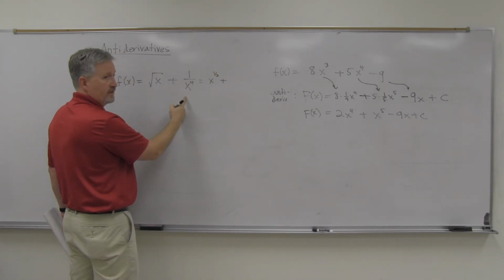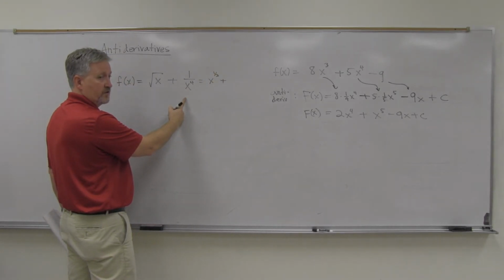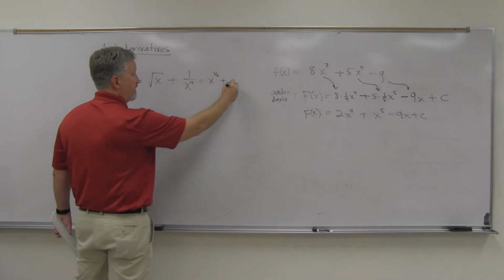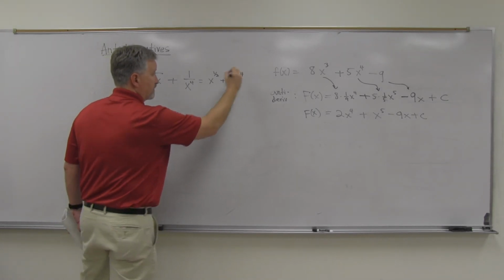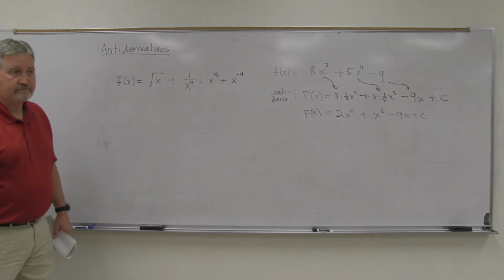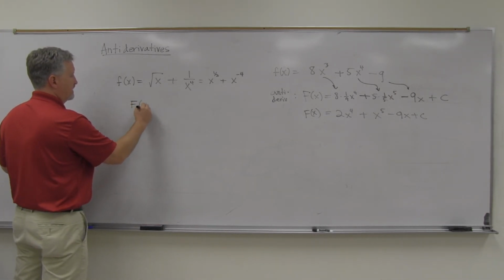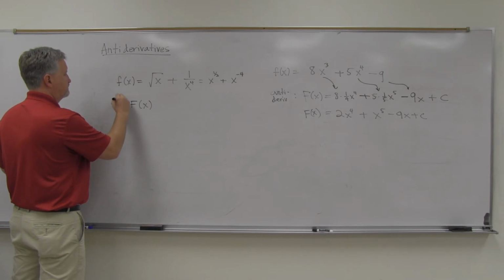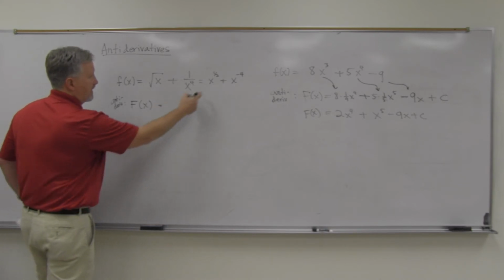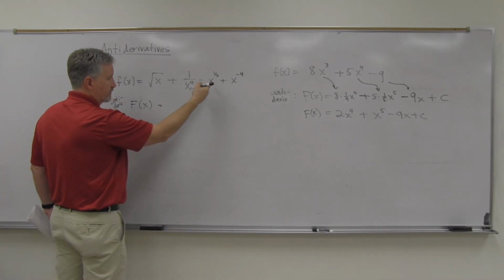And then what would I want here? 1 over x to the fourth. Instead of 1 over x to the fourth, make it x to what power? Negative 4 power, right? So just change those ever so slightly, then I can get my antiderivative just by doing the antiderivative power rule.